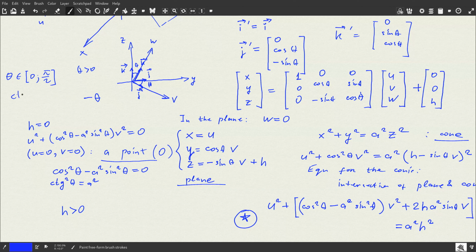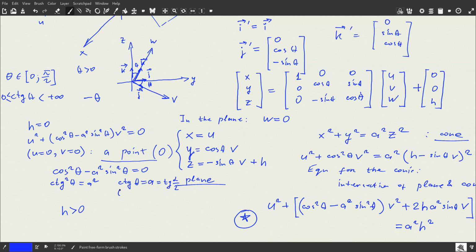We say it is positive, but can take any value less than plus infinity. And if, let's say, cotangent theta equals a, by the way, what it means, a is tangent half alpha, okay?